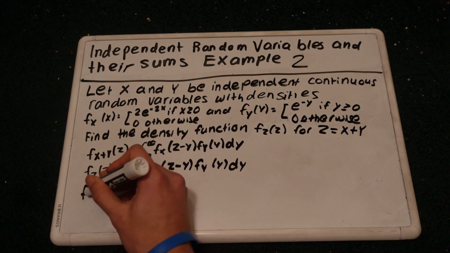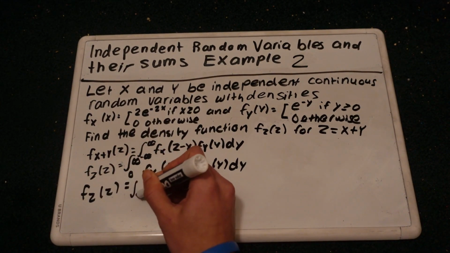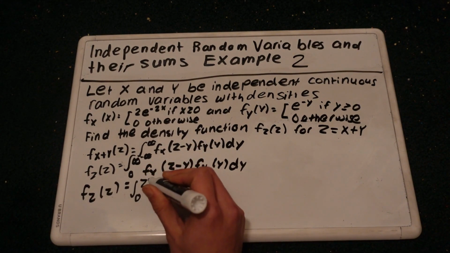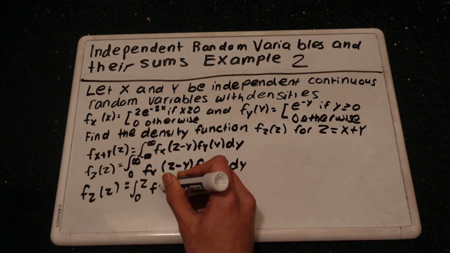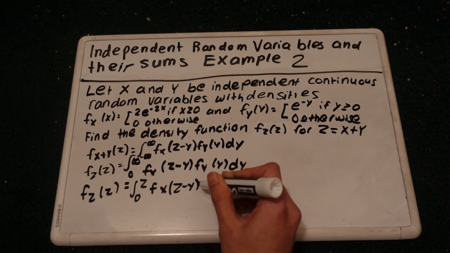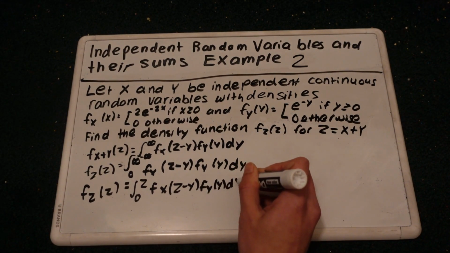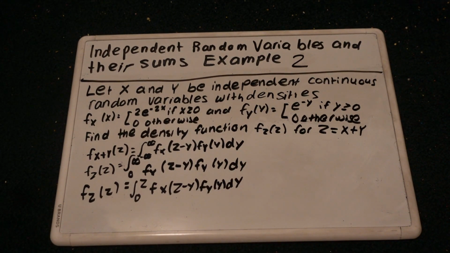This could also be written as f of z equal to the integral from 0 to z of f of x of z minus y times f of y dy. But f of x of z minus y is equal to 0 when z minus y is less than 0, or in other words, y is greater than z.